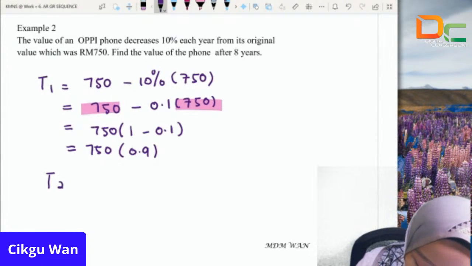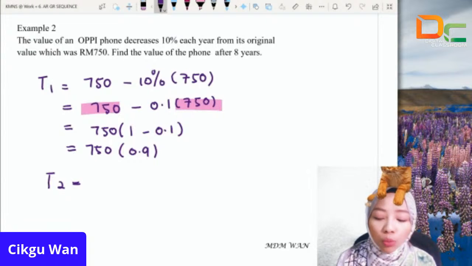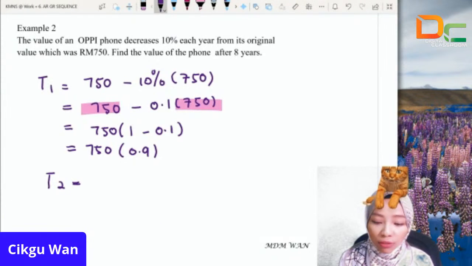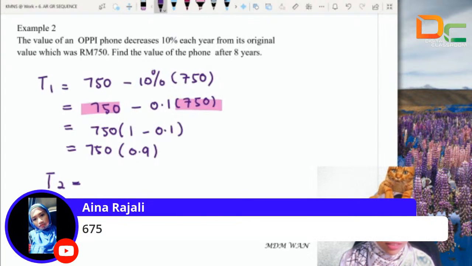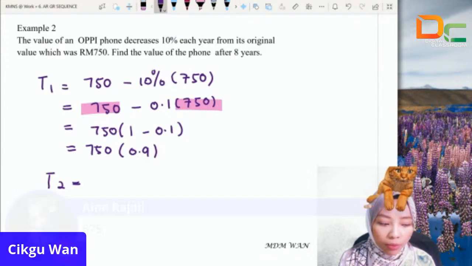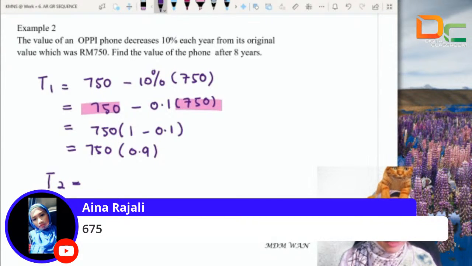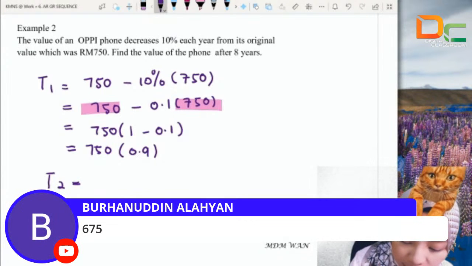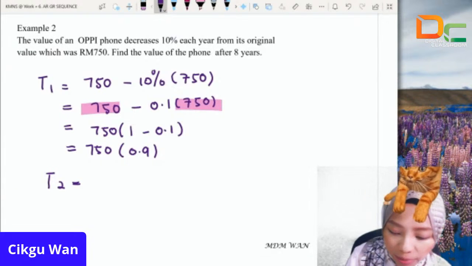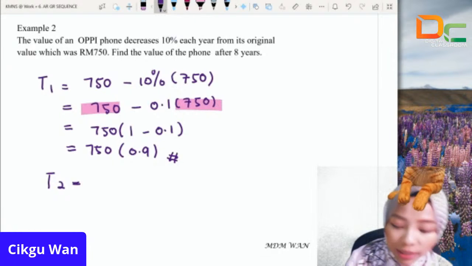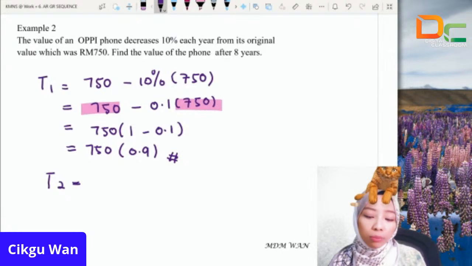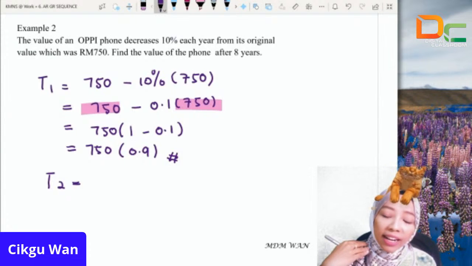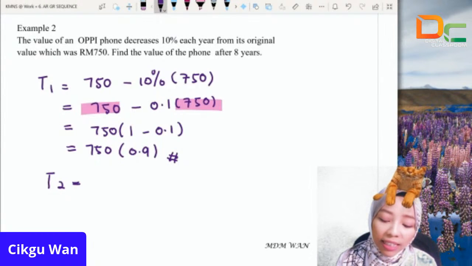Now I am finding T2. So T2 is basically the price 750 itu tadi. Okay, ini pada tahun pertama adalah sekian. Ini pada tahun kedua dia akan berkurang lagi sebanyak 10% daripada harga tahun pertama, kan?